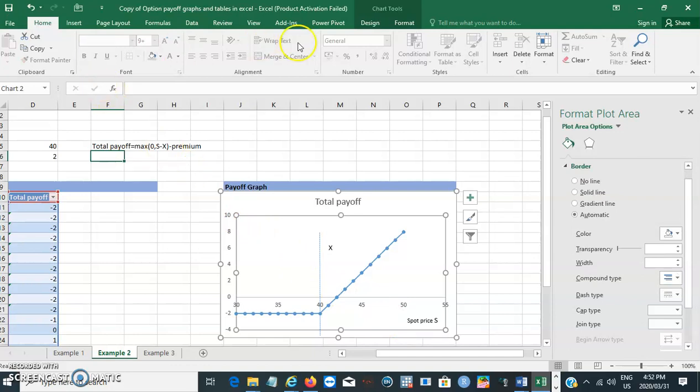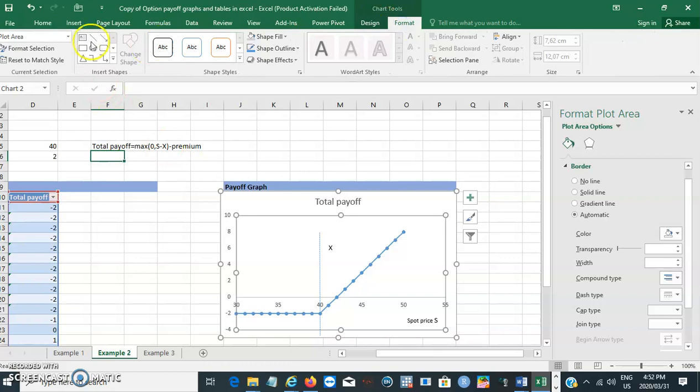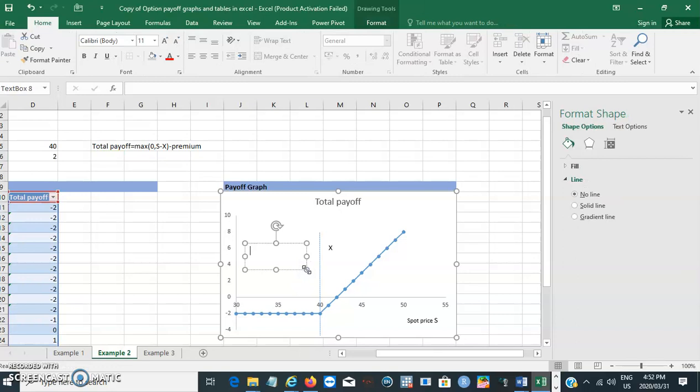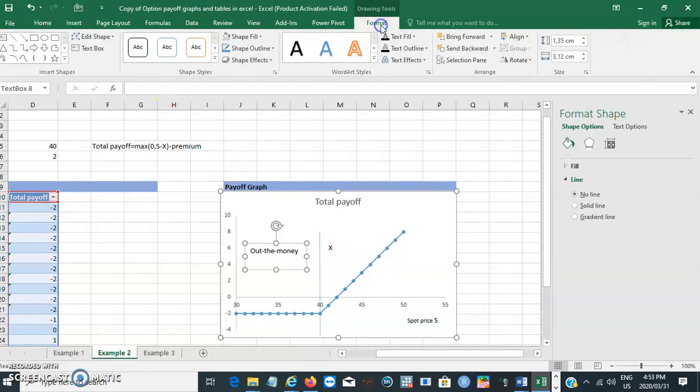You can also label the moneyness regions, like we say this for a call option. This is the region where you are out of the money because your spot price is less than your strike price, so you are out of the money in this region, and you are at the money here.